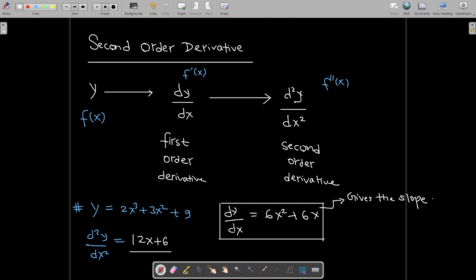Which straight line? Tangent. It gives the slope of the tangent. That straight line would be a tangent at the point x comma y. Remember? Okay. It gives the slope of the tangent.